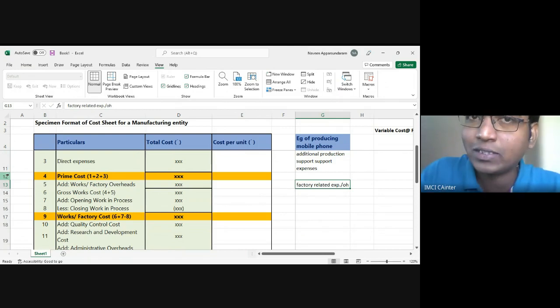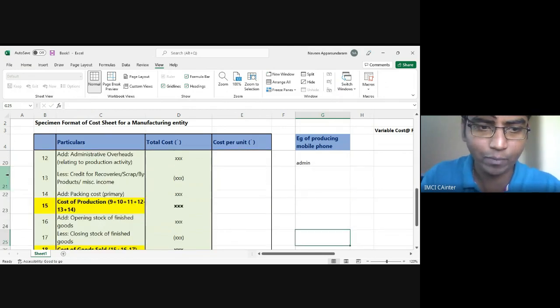It cannot be a labor cost. Labor cost is somebody directly involved in assembling the product. But others, like an administrator or a quality manager, the next level of employees, those costs will fall under factory related expenses or factory related overheads. So keep that example in mind.